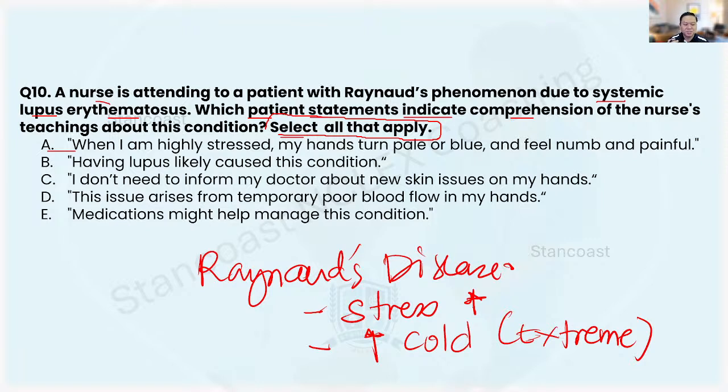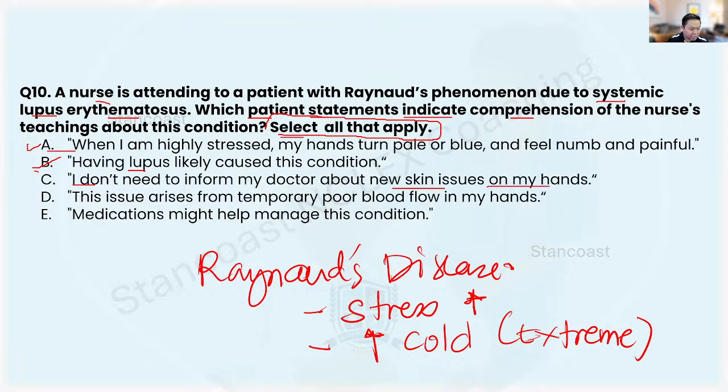Okay, stress and cold sensation can lead to the vasoconstriction. So we are selecting that as one of the answers. What about letter B? Having lupus likely caused this condition. Yes, the Raynaud's phenomenon is associated closely with SLE. Okay, so we are going to select that as well. What about letter C? I don't need to inform my doctor about new skin issues on my hands.